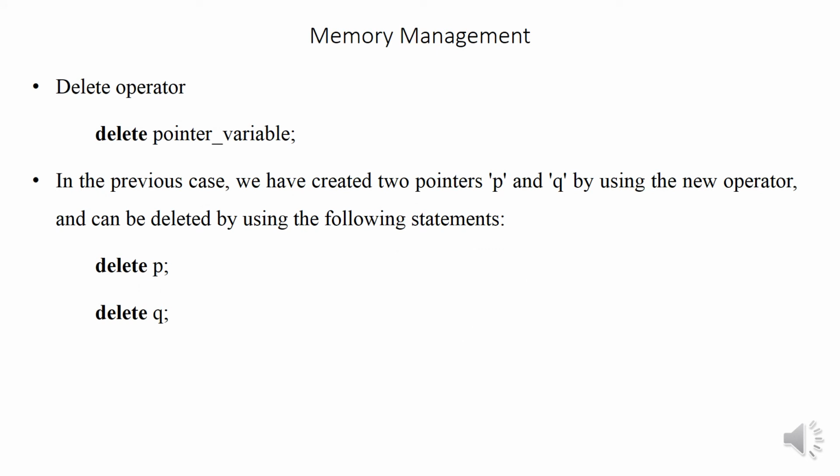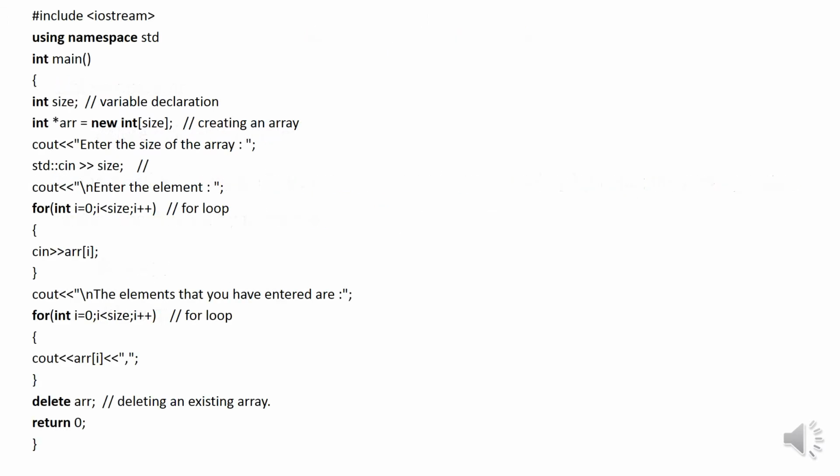If we delete that P and Q, we use the delete unary operator here, and it can be deleted by using delete P semicolon or delete Q semicolon. This is the simple syntax: delete pointer variable. This is the simple example.